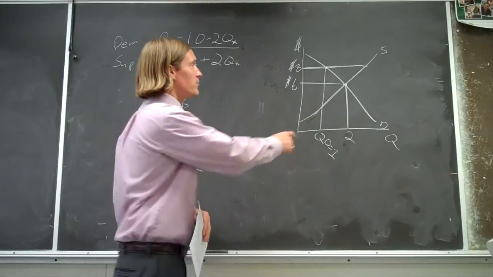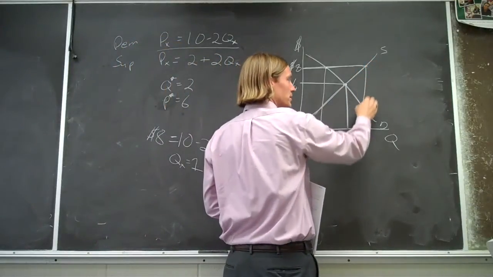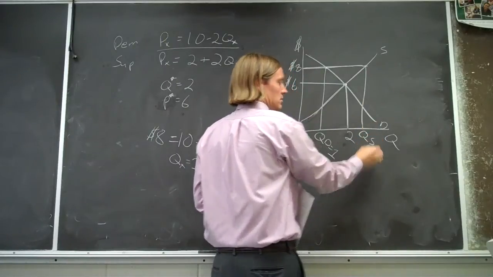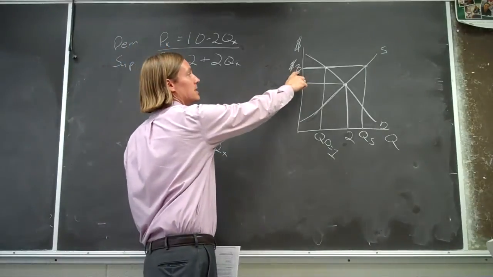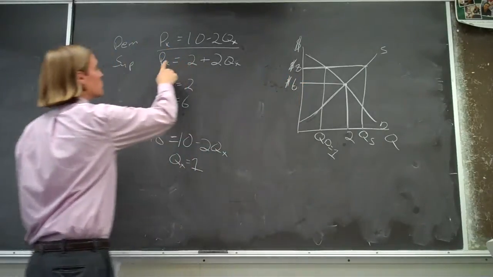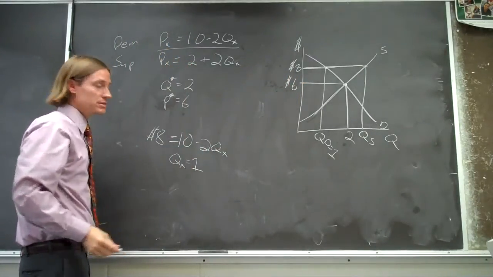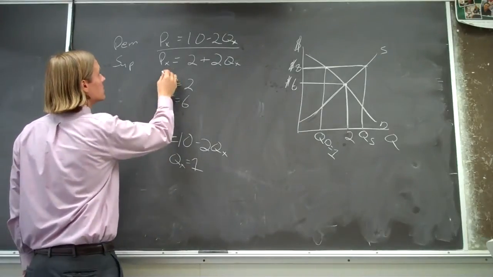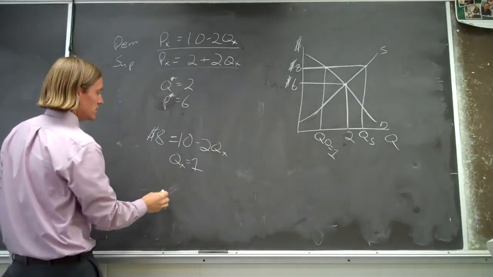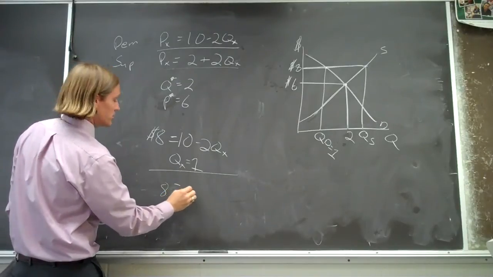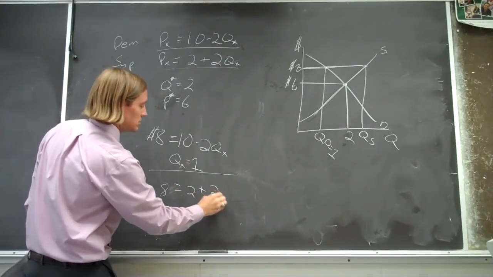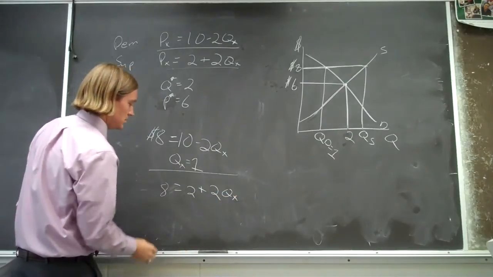And so we can figure out exactly what quantity they're going to supply by, again, plugging the $8, the new price, into the supply equation. So now we have $8 is equal to 2 plus 2qx.